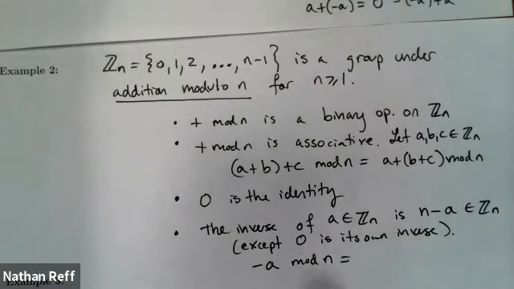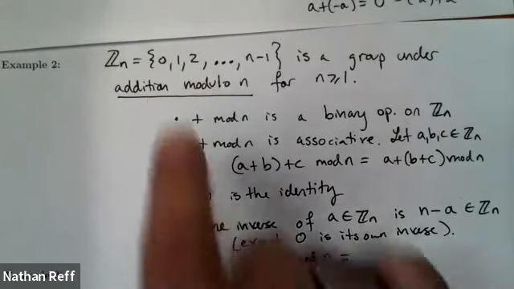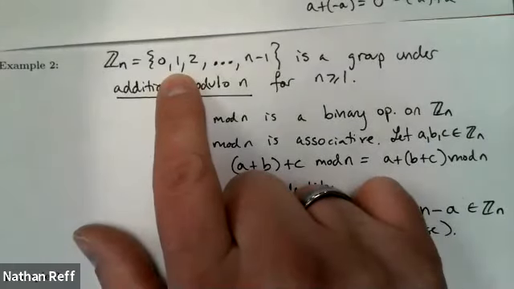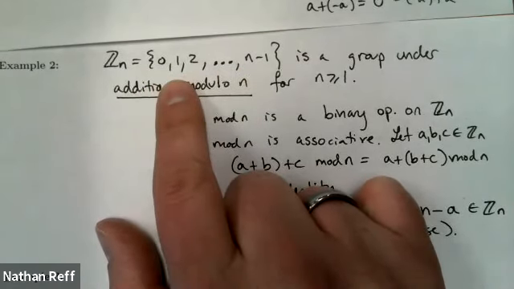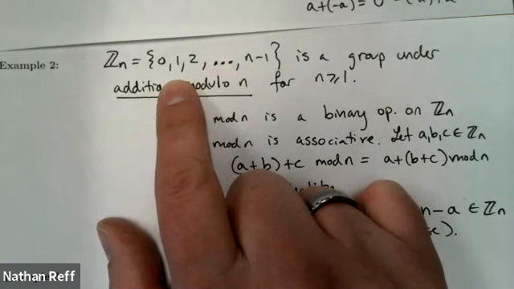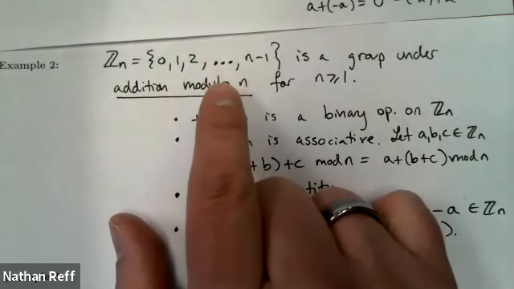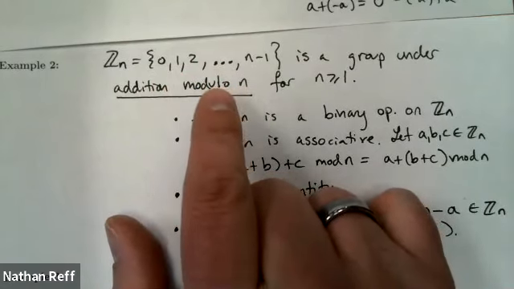Because I would have to take the negative of this thing. For example, negative 1 is not in here, right? But how do I make it so it is something in here? We'll just add an n to it. And then I have n minus 1. Kind of weird, right?